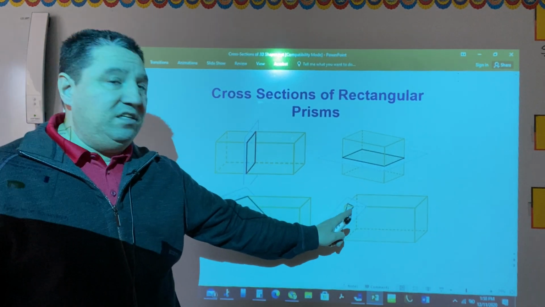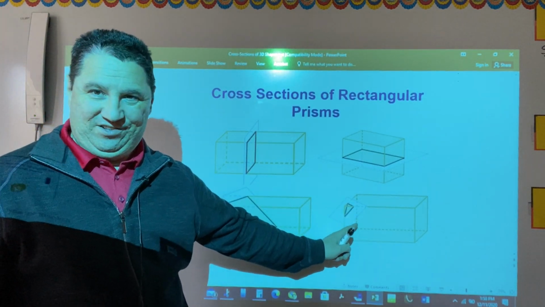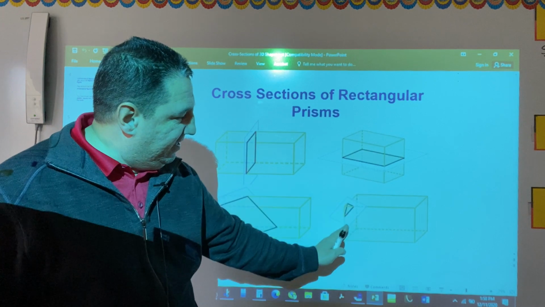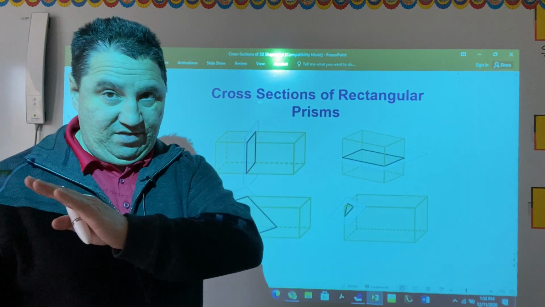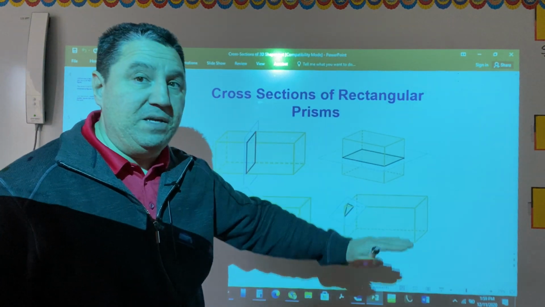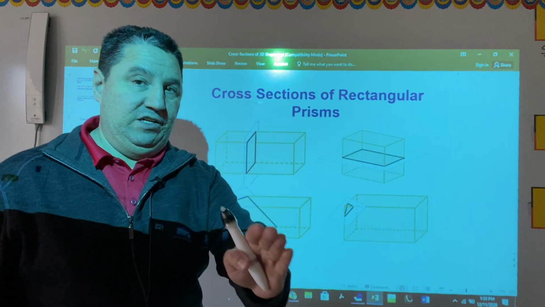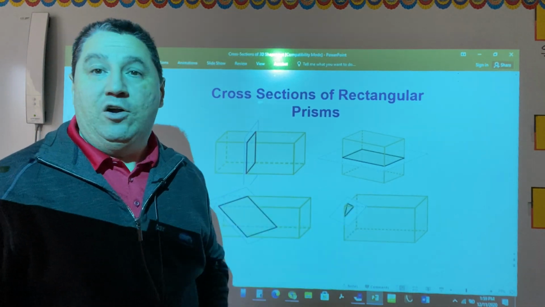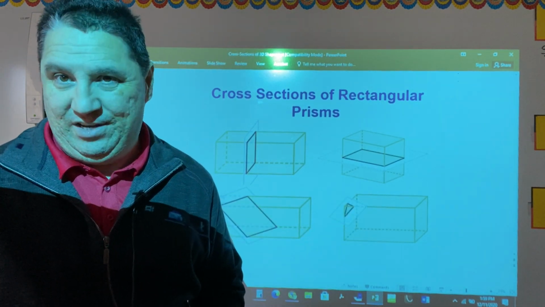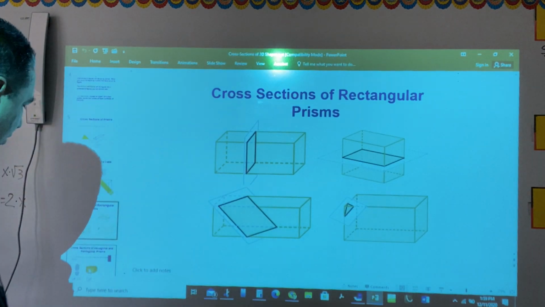This is an interesting cross section. If we cut the rectangular prism at the corner, obliquely, the resulting cross section would be a triangle. Good.